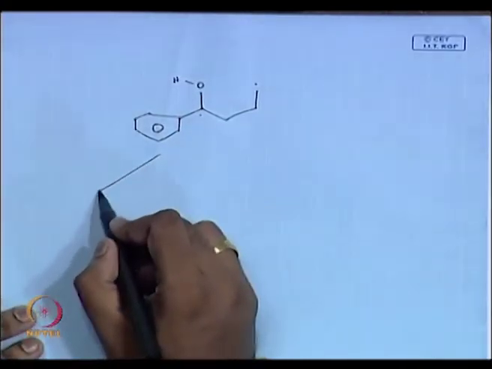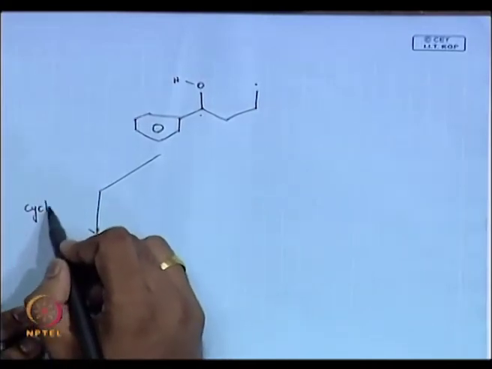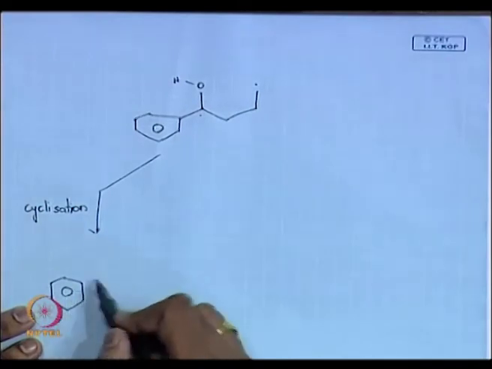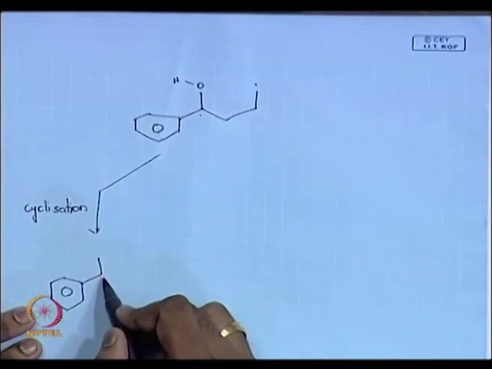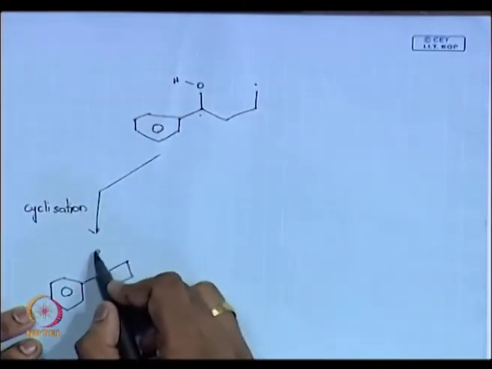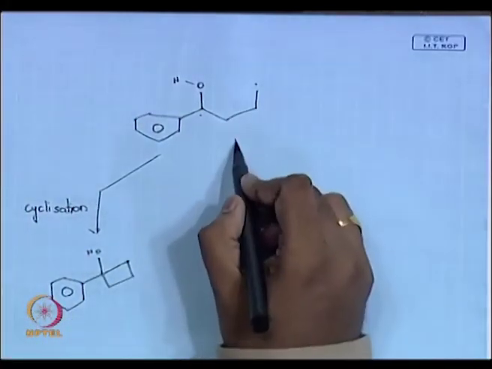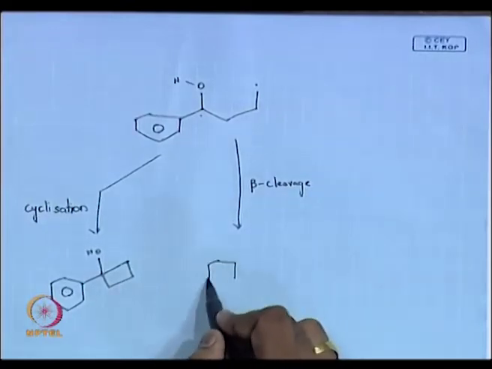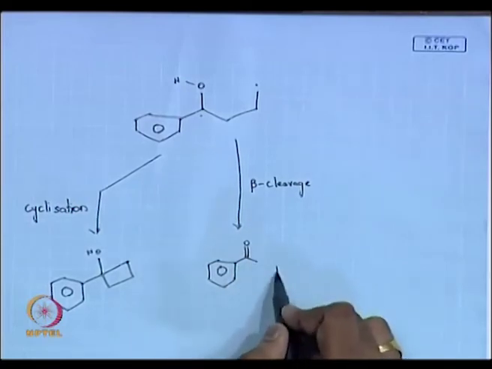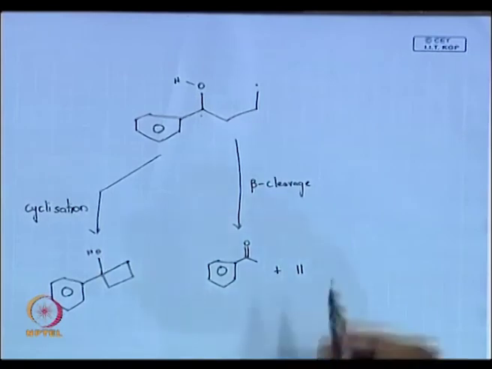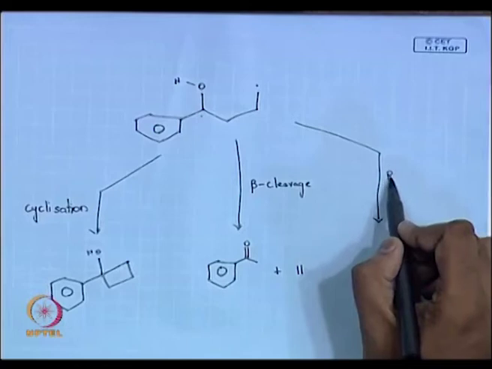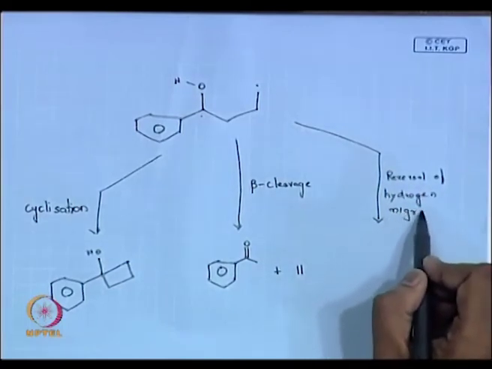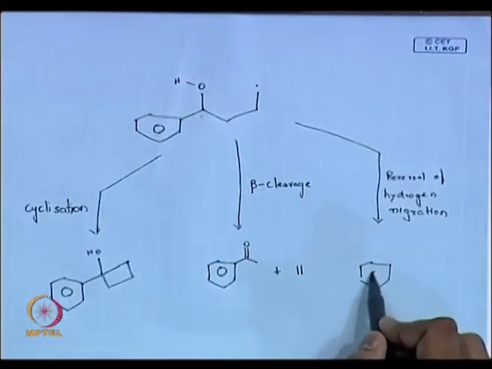One, it can undergo a nice cyclization, I get a cyclic product, or it undergoes a beta cleavage to get me an acetophenone plus alkene, or we studied it can undergo a reversal of hydrogen migration to give back my, not essentially my starting material.